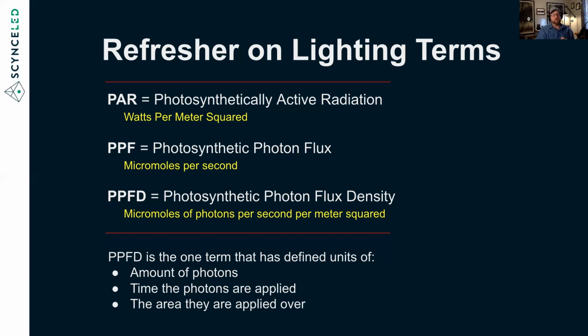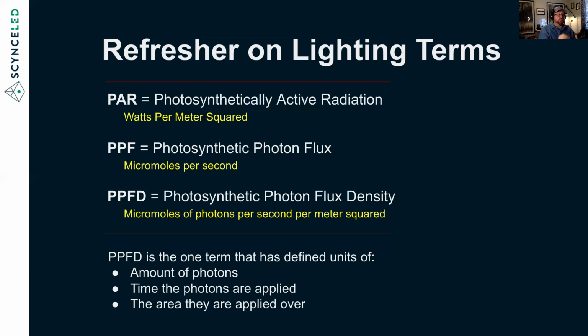PPFD is what we at Scynce like to use the most often. The thing about PPFD is that's photosynthetic photon flux, same as the one before, but that D stands for density. What does density bring to the table? What density brings is a density of per meter squared. Think of density as an area term.